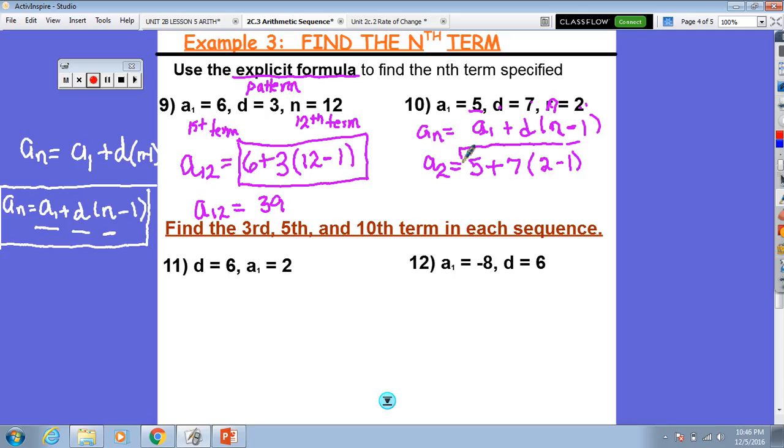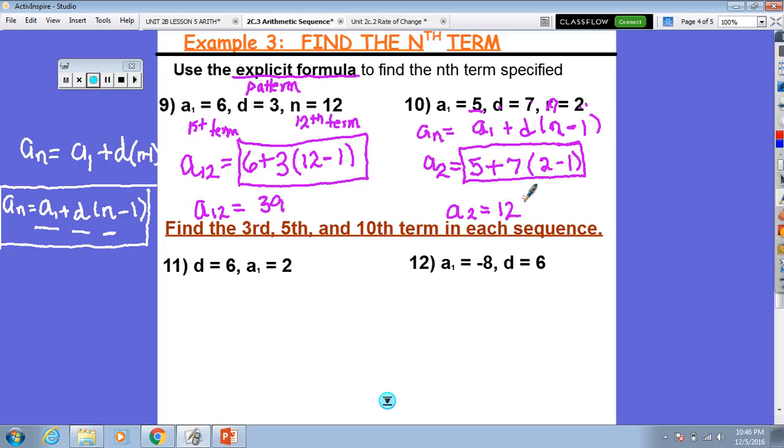And again, you can type in everything that's on the right side of this problem to give you your answer. So 5 plus 7, parentheses 2 minus 1. And we get 12. So that means the second number in this sequence is 12.